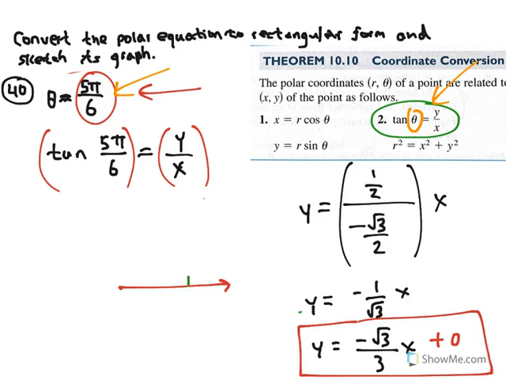Theta is equal to 5 pi over 6, so we have an angle of rotation that's 5 pi over 6 radians. So here is the terminal side of the angle. Because r is not specified, r could be 0, positive, or negative, so you can have any point on the terminal side of the angle as well as the pole, and as well as points on the opposite ray from the terminal side of the angle. So the graph would be the blue line.